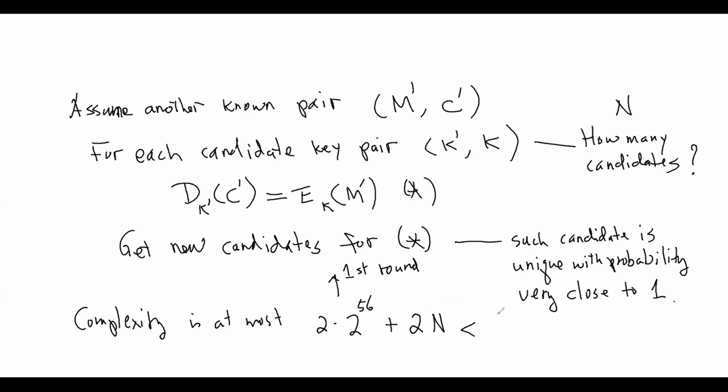So that will be 2 times 2 times 2 to the 56, which is 2 to the 58. Okay. So the complexity is much lower, and then you have a large probability to find these keys.